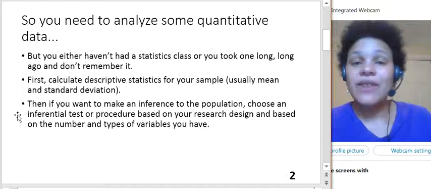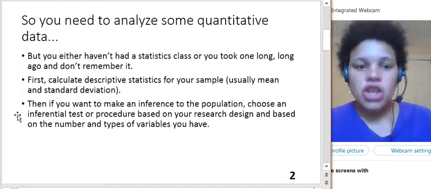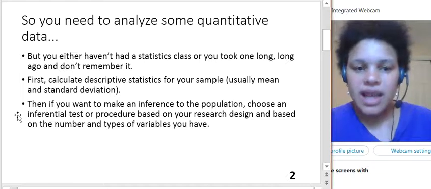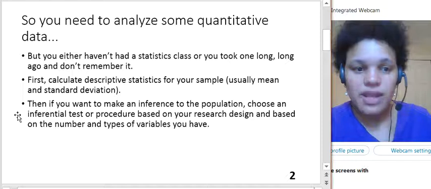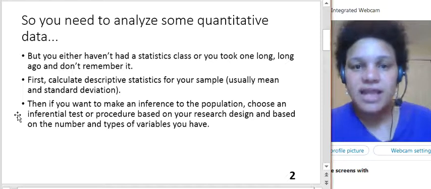Then, if you want to make an inference to the population, you choose an inferential test or procedure based on your research design and based on the number and types of variables you have. Okay, so first, descriptive statistics.